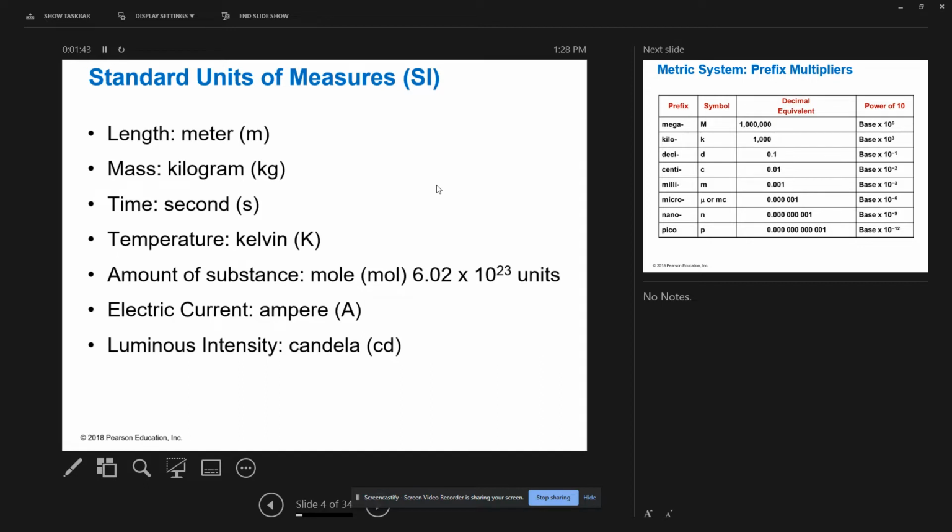They're different for what we're measuring. So for length, the SI unit is the meter. For mass, it's the kilogram. Time is seconds, and temperature is Kelvin. And then amount, which will be super important as we progress through the semester, is what we call a mole. And we'll describe that in more detail as we go forward. And we're not going to worry about the other 2.